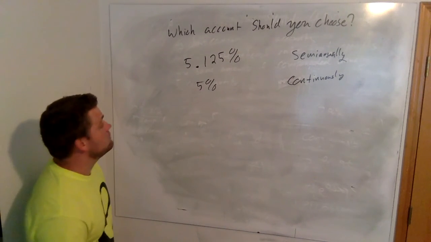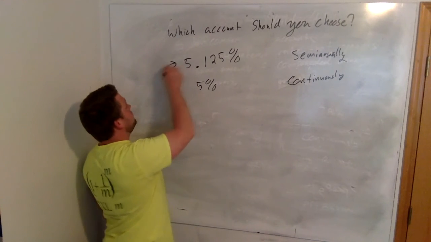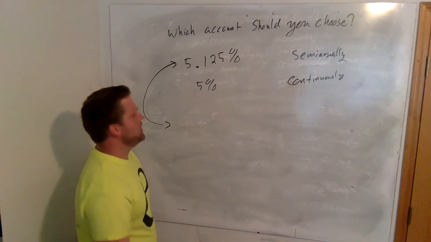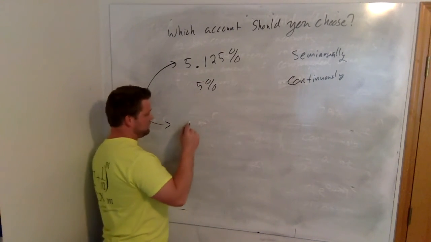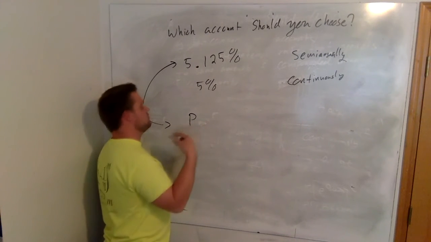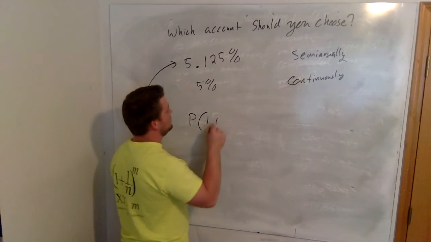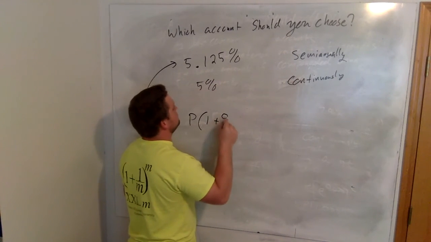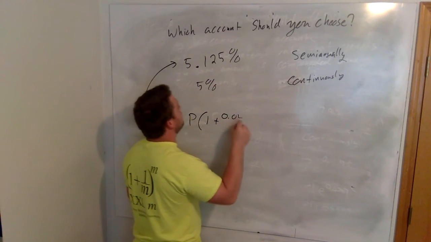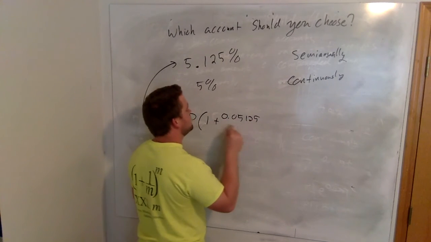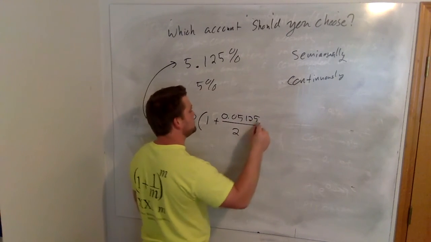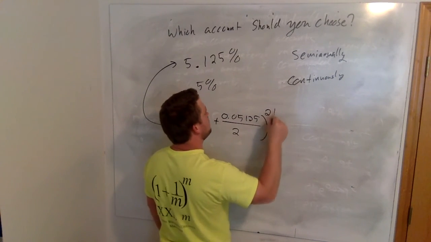Okay, let's do it. For this first bank account, let's set up what the formula would look like. You don't have to put a P here, but you could pretend we're putting some amount of money in my bank account. We have an interest rate of 0.05125. Let's cut that into two pieces, since we'd be compounding twice per year.